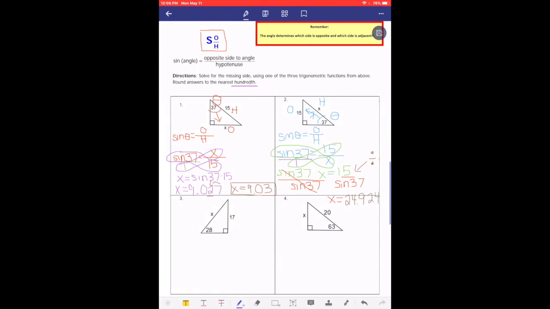And remember, we're rounding it to the nearest hundredth place. So the hundredth place is the 2. The number behind it was the 4. 4 means that I stay the same. So that 2 is going to stay, it doesn't change. My new decimal is 24.92. So that is the side of x, or the side of the hypotenuse in this problem.